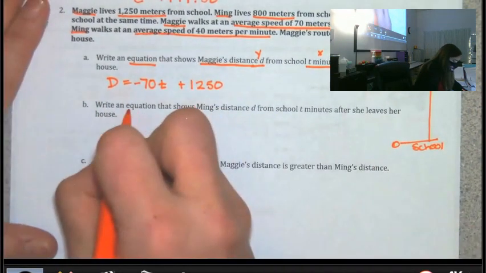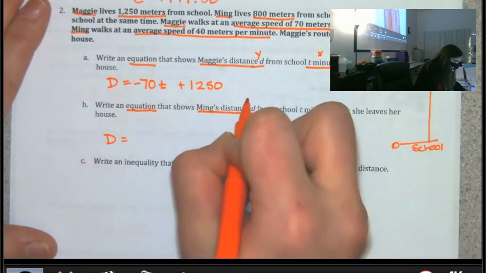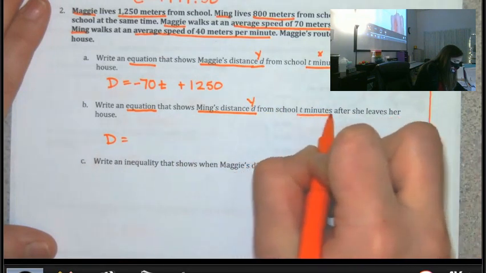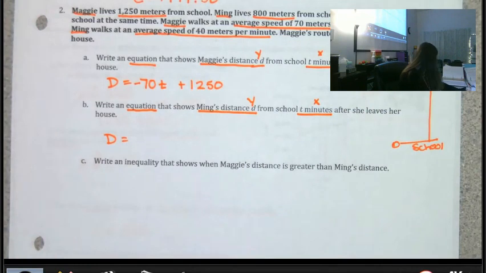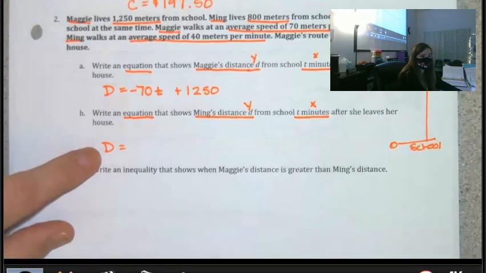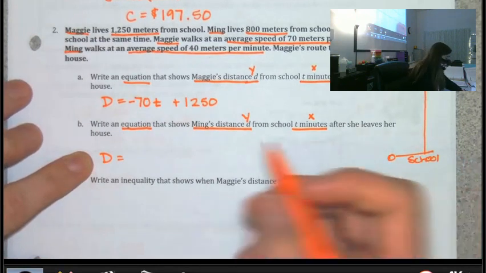Let's try Ming's equation. I want to write an equation for Ming's distance D, which was our Y, for how far away she is after T minutes. So what is Ming's distance from school? What is her original starting point? How far away does she live? 800 meters.